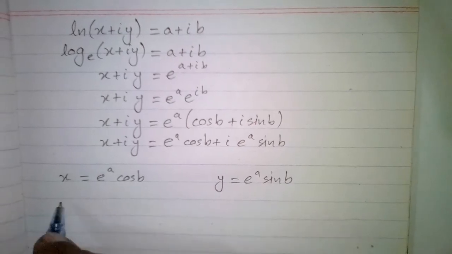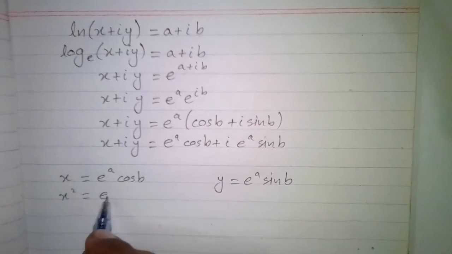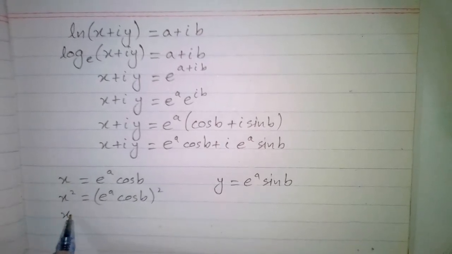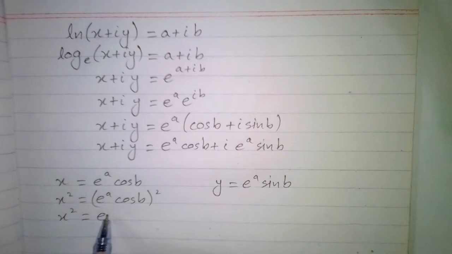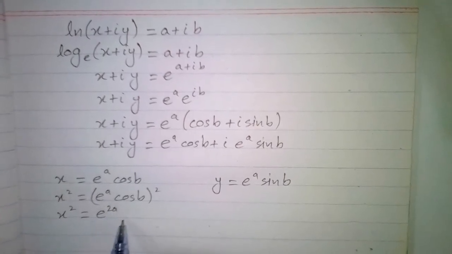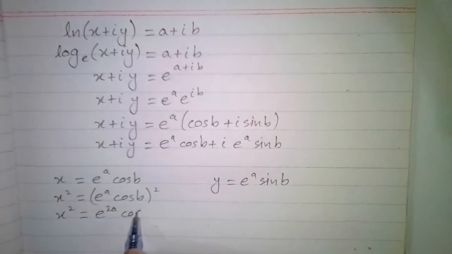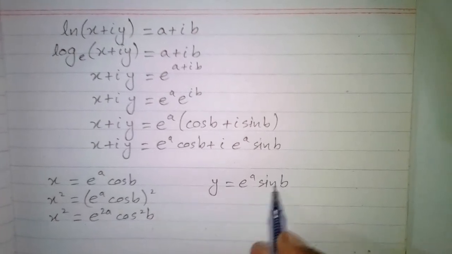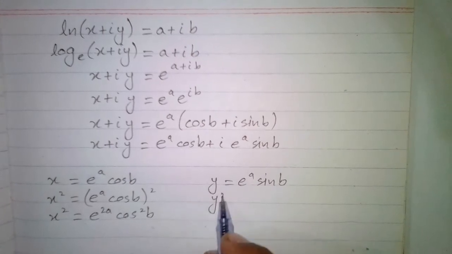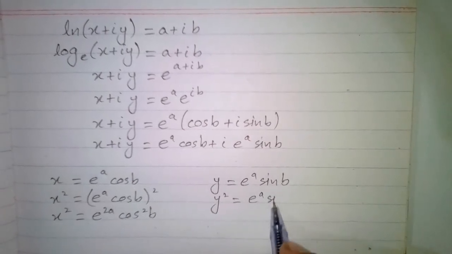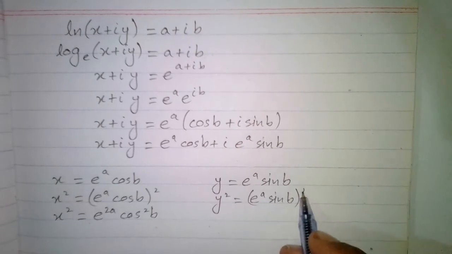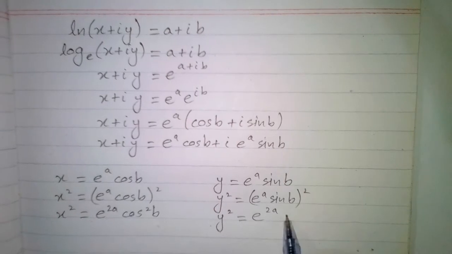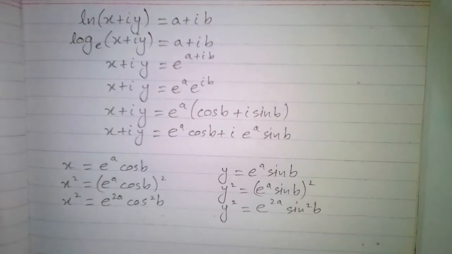Now squaring both sides, we have x square is equal to e to the power a cos b whole square, so x square is equal to e to the power 2a cos square b. Now we will take the square of the other equation, so we have y square is equal to e to the power a sin b whole square, and this can be written as y square is equal to e to the power 2a sin square b.